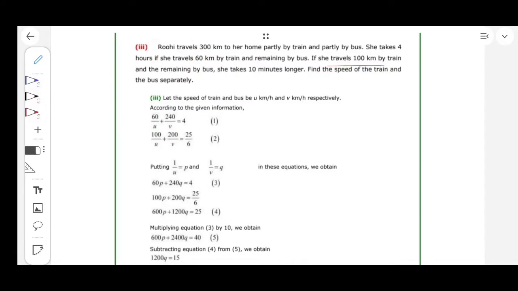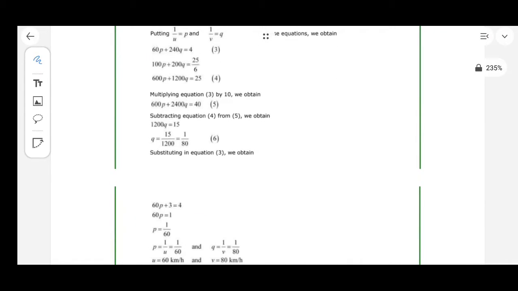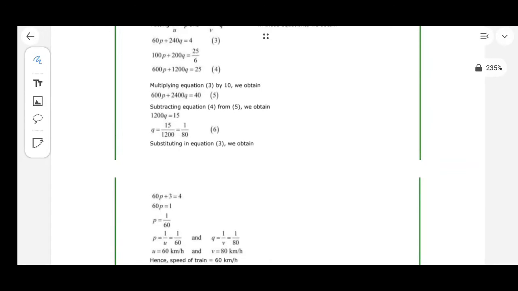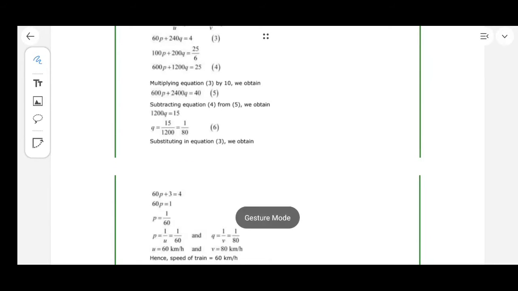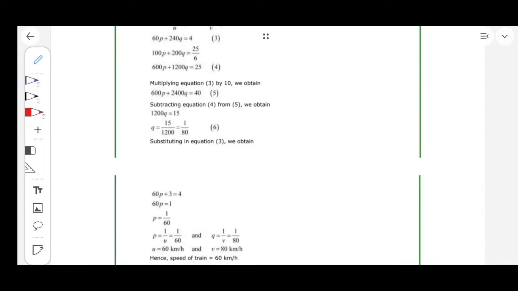Now we have two equations, the third and fourth. We are going to multiply equation third by 10.